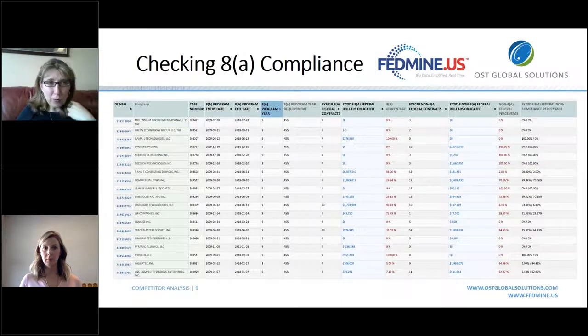Now, there's a whole set of rules about actually issuing a sole source to an 8A company or whatever other socioeconomic set-aside company. So when they issue a sole source, then there should be no other company in that category performing this kind of work. If there are 2 or more 8As, it has to actually be a competitive 8A process.